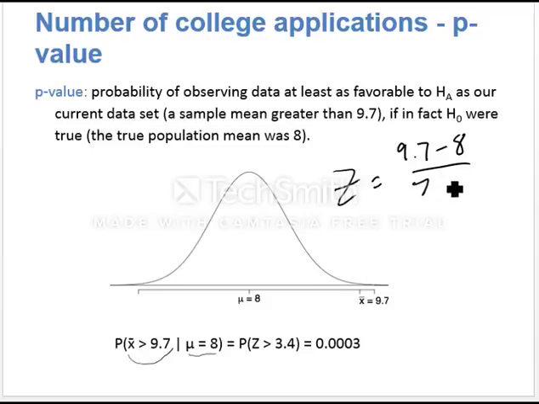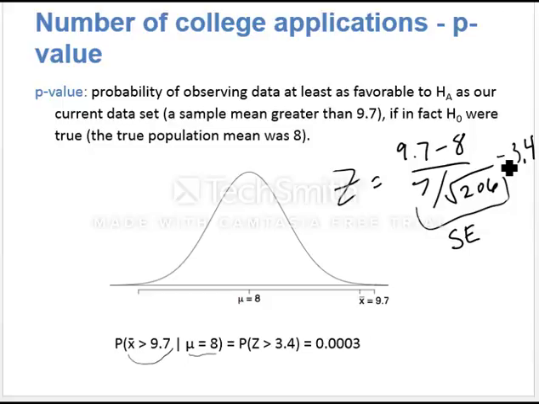Okay, so our standard deviation was 7, and there were 206 students surveyed. So notice this here is the standard error. So we take the deviation between what's observed and the null statement of 8 divided by the standard error, and that gives us that 3.4.